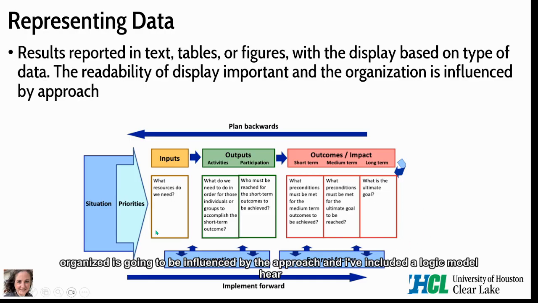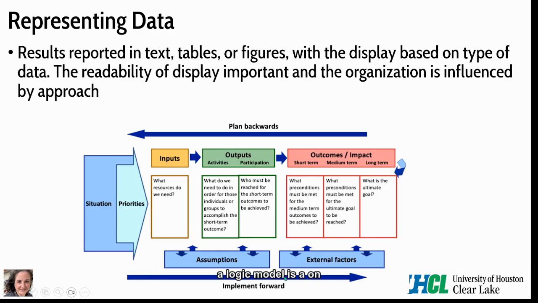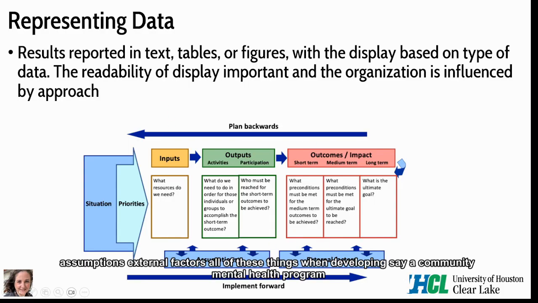And I've included a logic model here. A logic model is a process that we use to help create maybe some sort of program or achieve some sort of goal. So you've got inputs, outputs, outcomes, assumptions, external factors, all of these things when developing, say, a community mental health program.